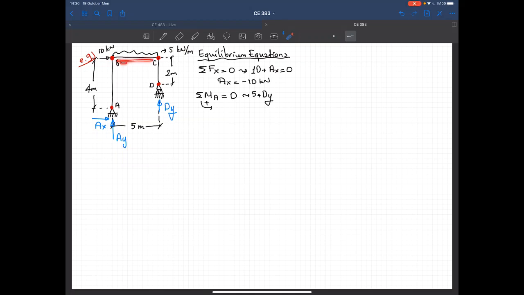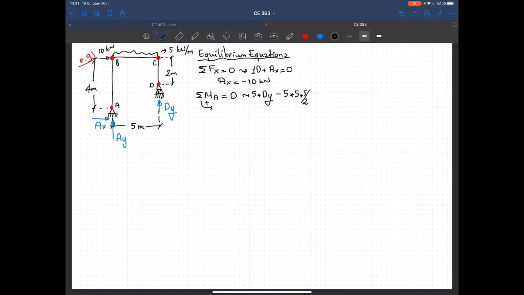We have this distributed load. This distributed load will create a moment in this direction with respect to point A, and that's the opposite direction of my positive direction. So we got minus 5 times 5, 5 being the magnitude of that distributed load, times 5 over 2, which is the moment arm.